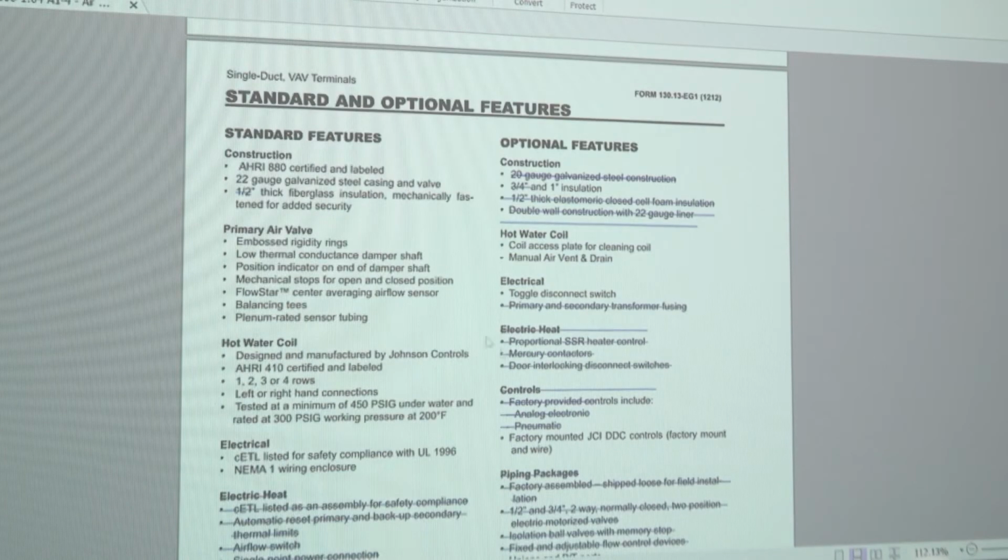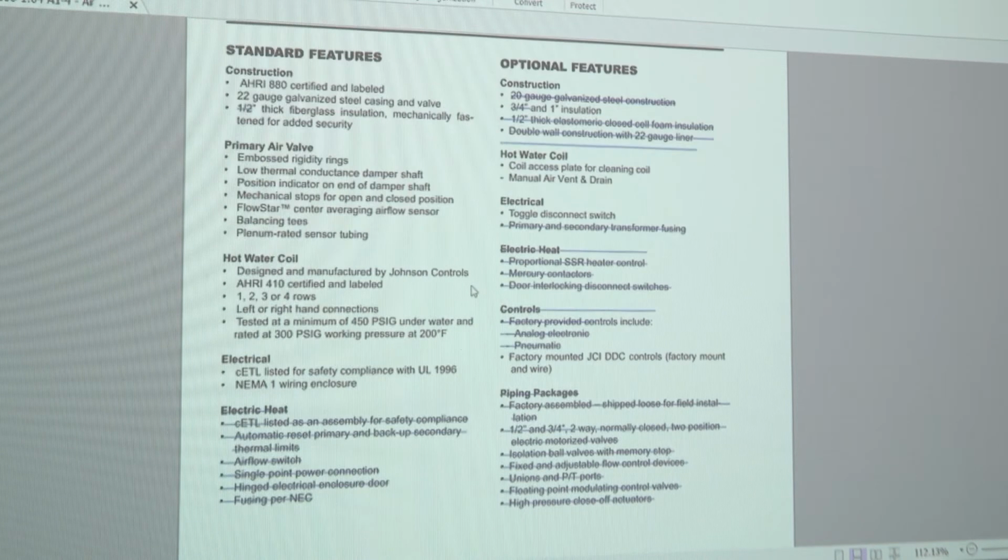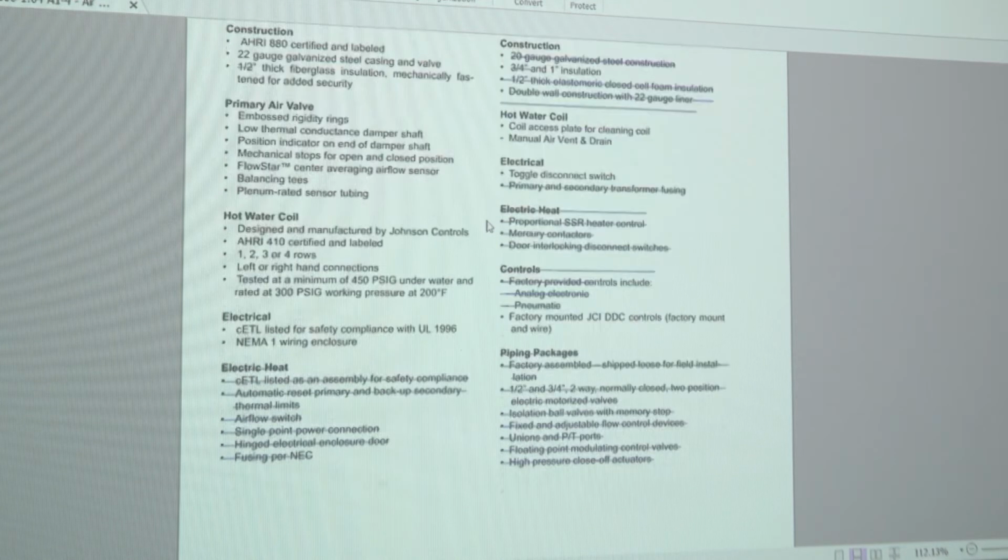They're all constructed of 22 gauge galvanized steel, internally lined. You have a primary air valve, hot water coil, and again, 24 volt power. All of these units have an electrical shut-off switch, so you can disconnect power for service.